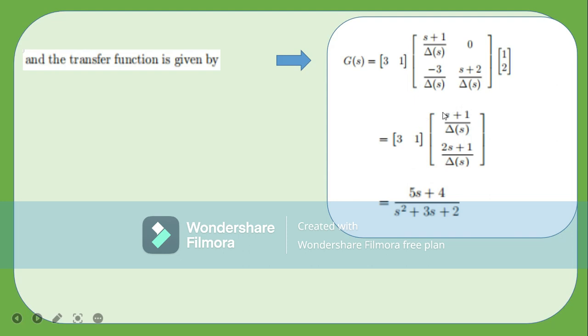So at the end of the day, you're going to have 3x plus 2x, which will give you 5x. Then here you're going to have 3 plus this 1, and that will give you 4. And that's what we have here, divided by what?